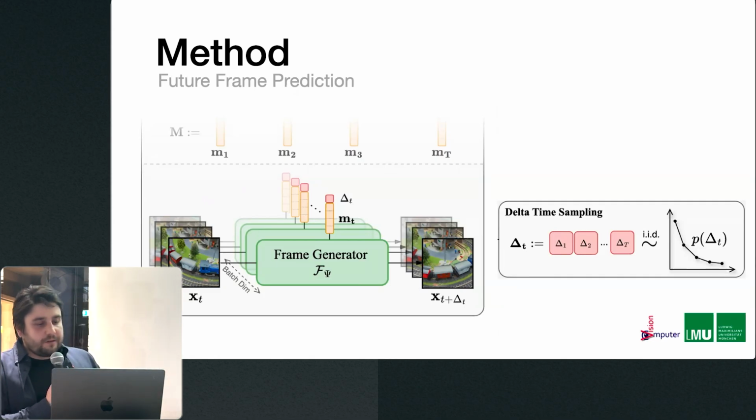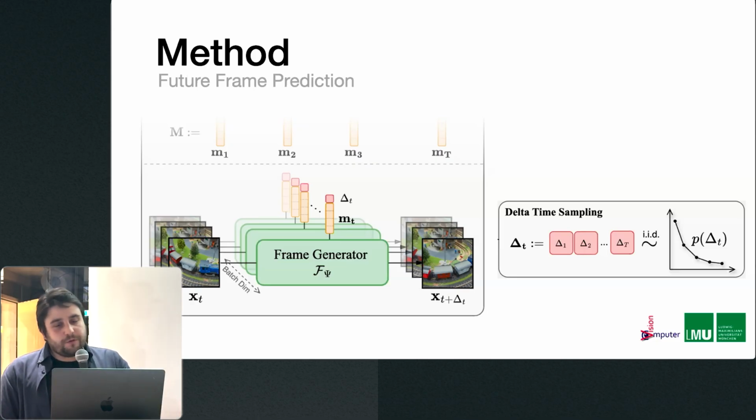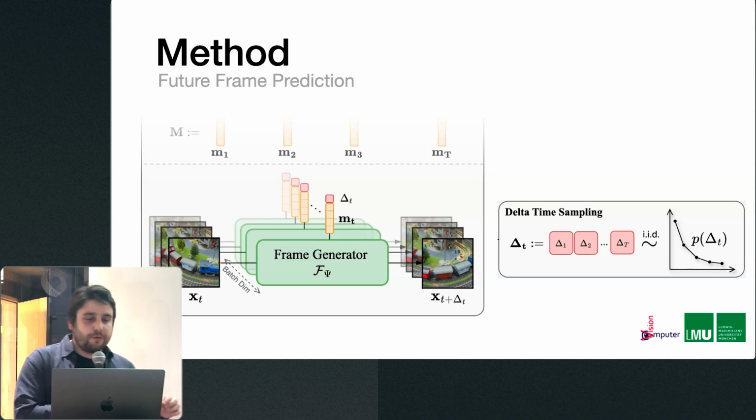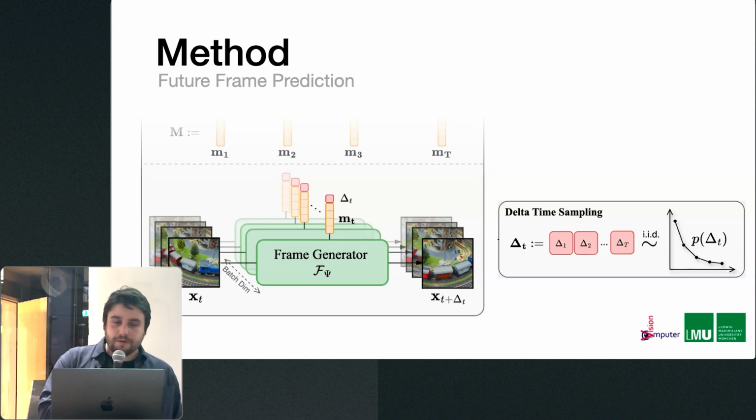And it is tasked to predict some frame in the future, essentially. The frame generator is a flow matching method, because flow matching is the new kid on the block, of course. And this gives the entire loss to both the frame generator and the motion extractor, essentially.